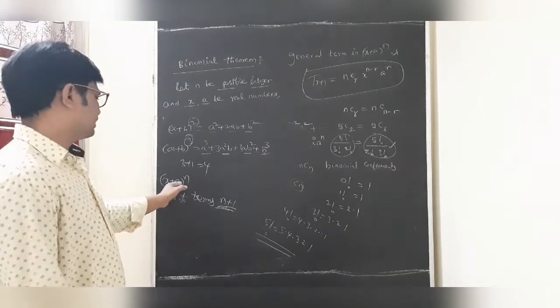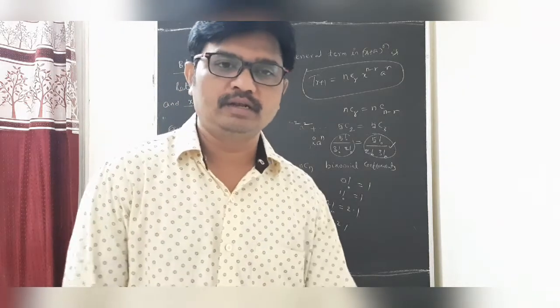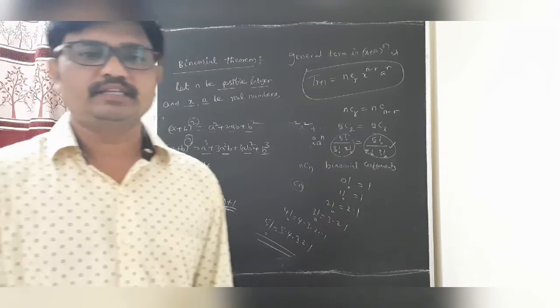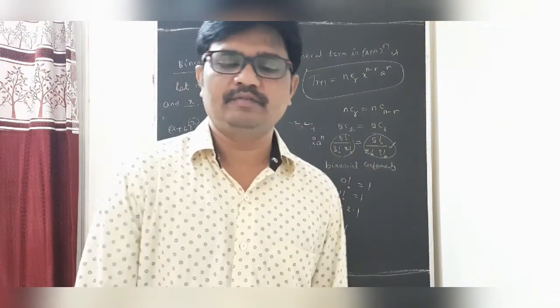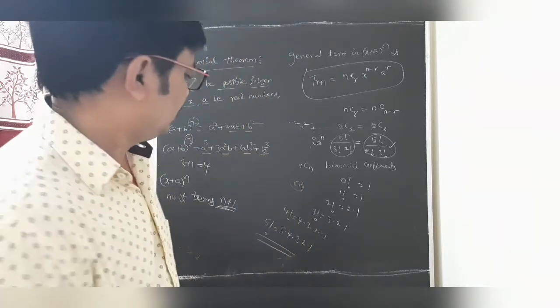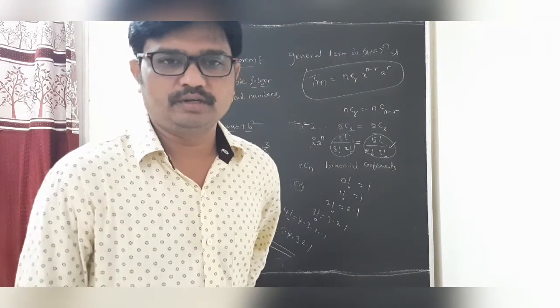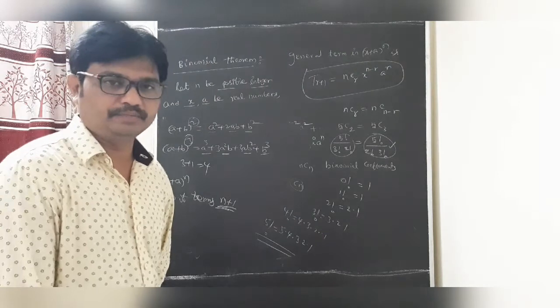Suppose (x plus a plus b) whole power n, a trinomial, is there; how to evaluate? There is a form, students, (n plus r minus 1)C(r minus 1), by using the multinomial theorem. I will explain the multinomial theorem within 2 days. Okay students, that is only for the objective.